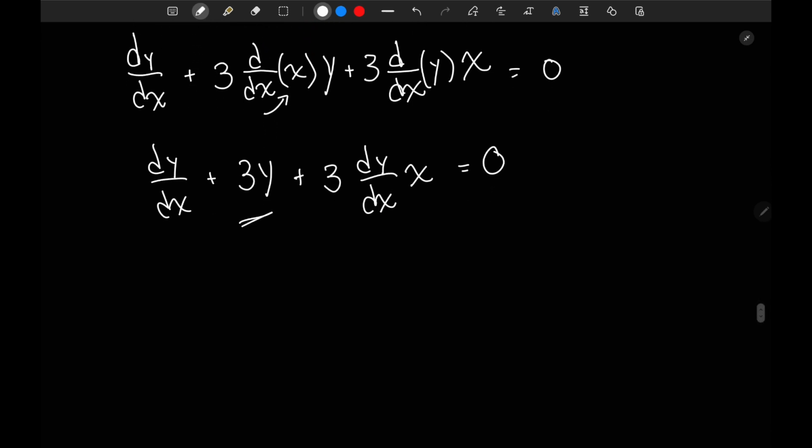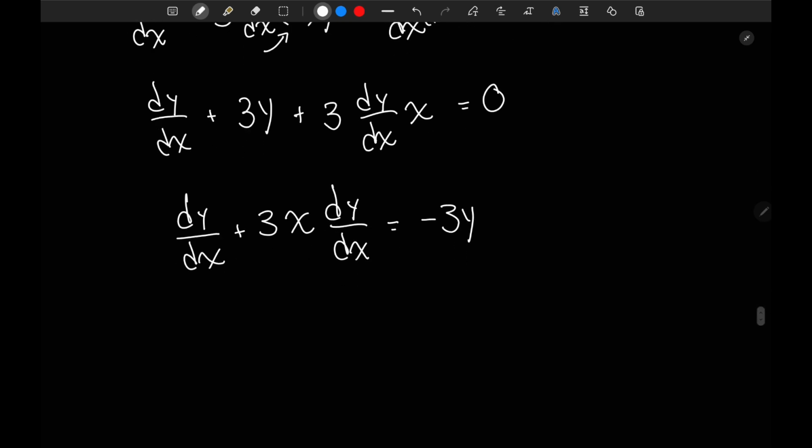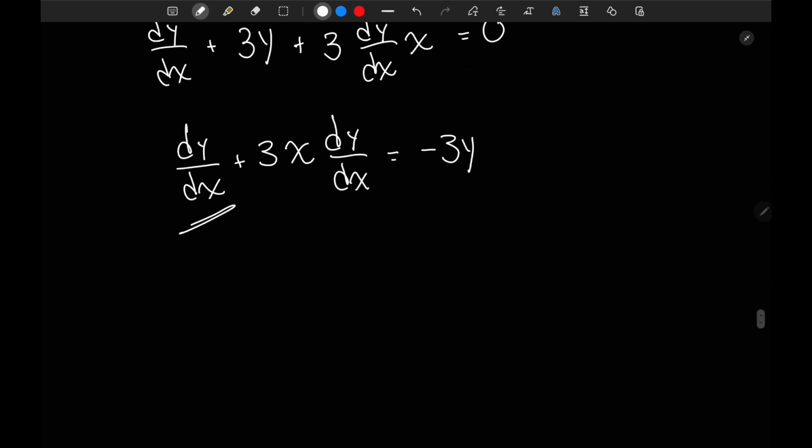And so now let's move this 3y over to the other side. And I'm just going to move this dy dx to the back of this expression. So I'm going to have 3x dy by dx is equal to negative 3y. And now we can see again that we can factor out the dy dx.